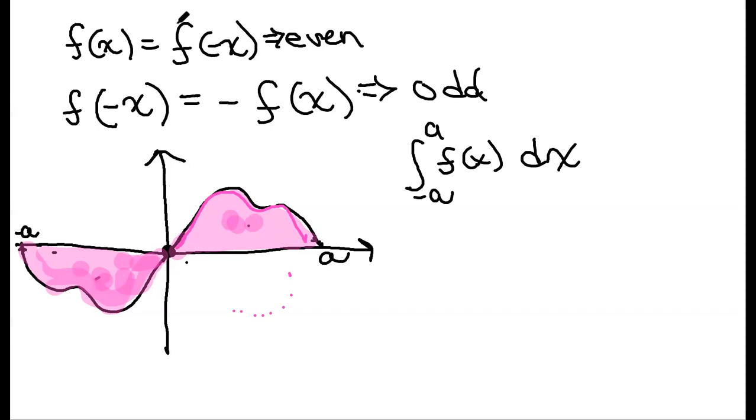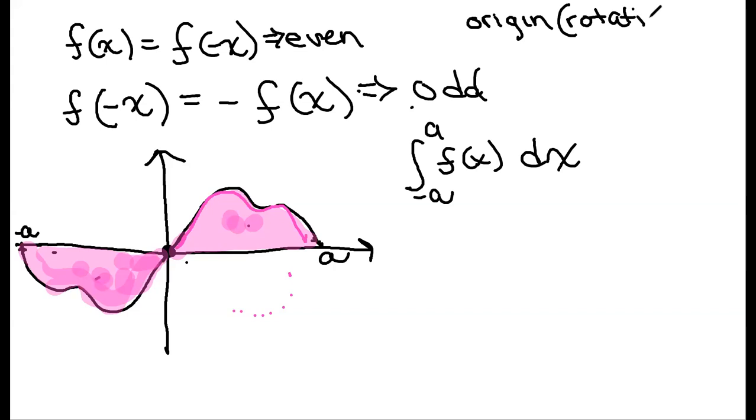So basically, if you have an odd function, and just remember that this is considered symmetry around the origin, or I'll just say origin, but you could also call that rotational.